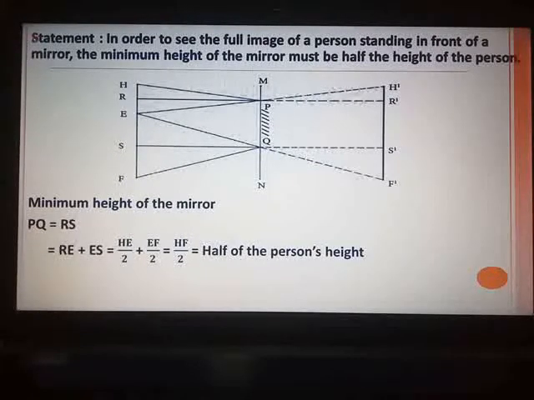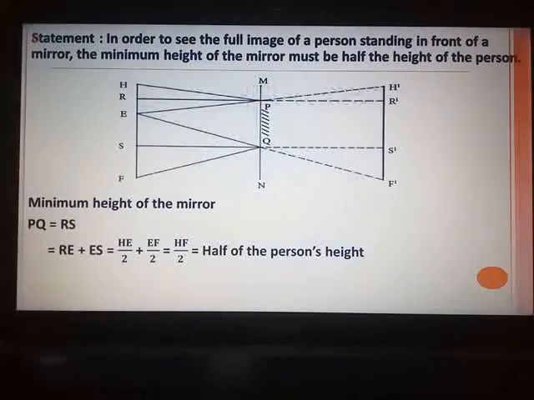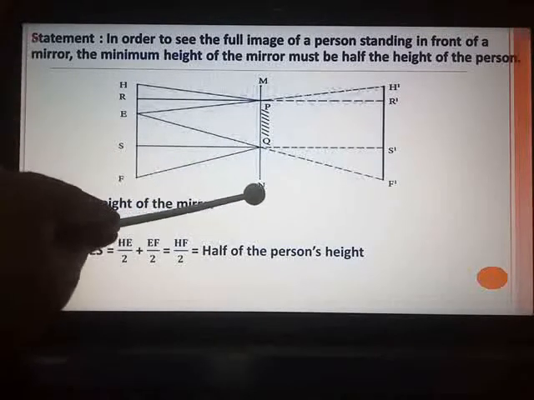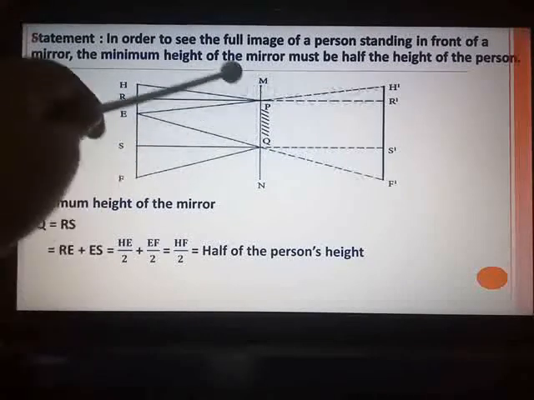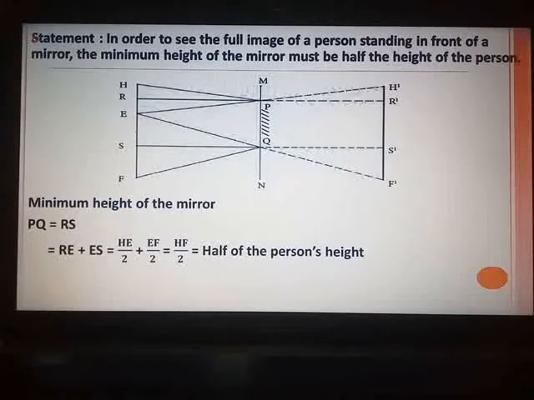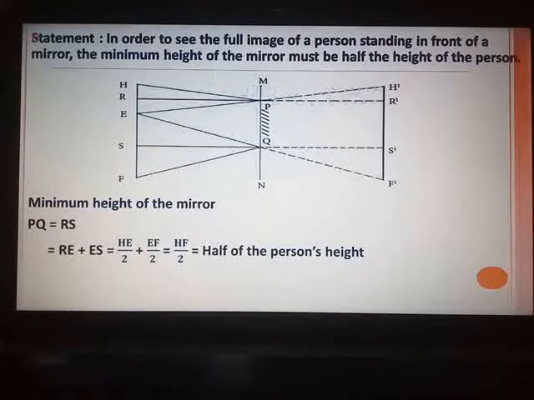The mirror PQ is at a height of NQ from the ground. Assume this is the ground and the mirror is perpendicular to it. PQ is the minimum height of the mirror in order to obtain the full image of the person, and for this RP and SQ should be perpendicular to the mirror.